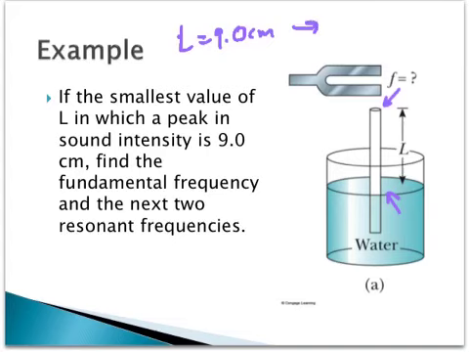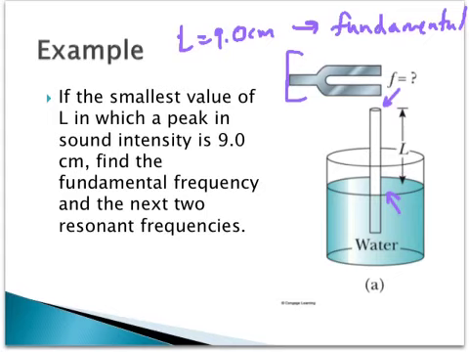So at a length of 9, you are getting the fundamental frequency given this tube and the properties of that tuning fork. Again, the fundamental frequency will vary depending on the tuning fork we're using, the tube we're using, and all those other aspects. So in this type of problem, our fundamental is found at 9 centimeters.